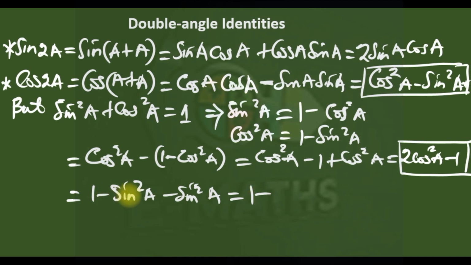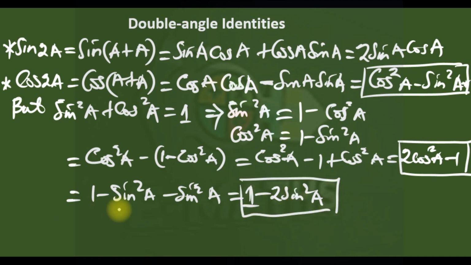So we have 1 minus 2 sine squared a. So this is the third formula. So cos 2a is either this, this, or this. Depending on the question, you know which one to use.